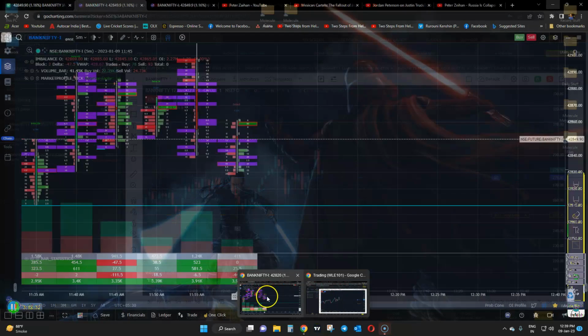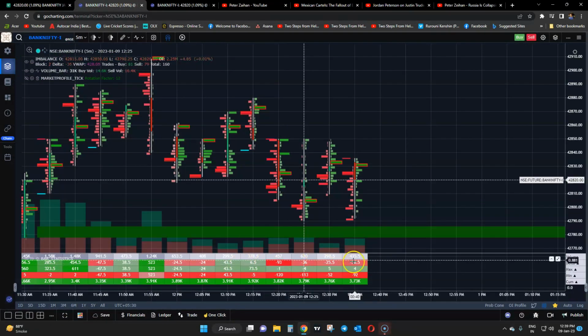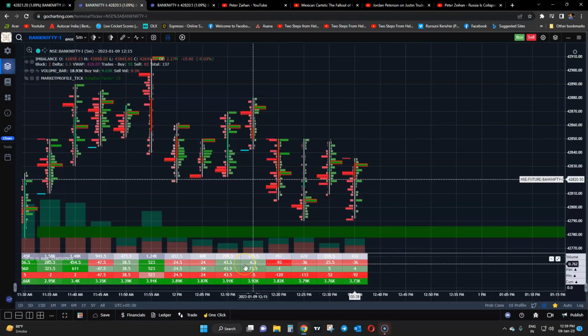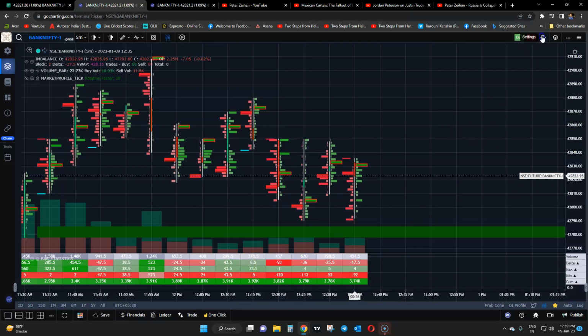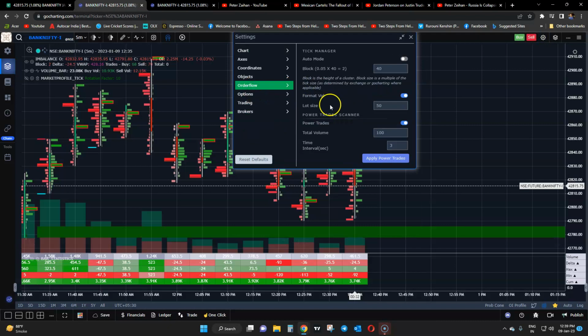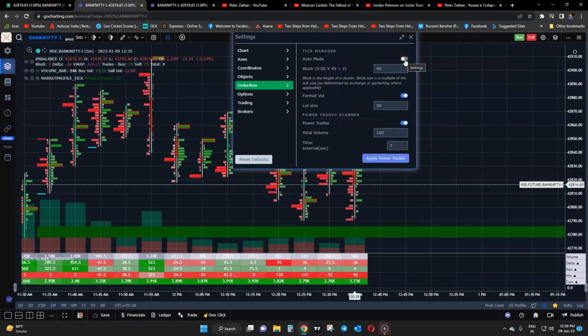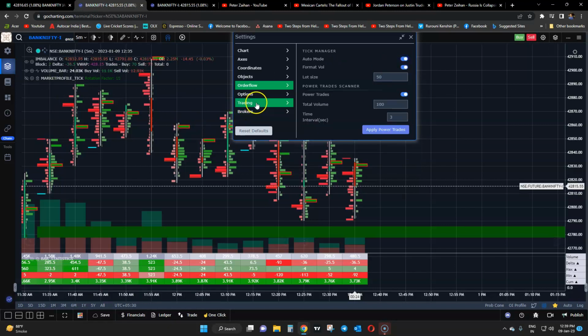Oh, this. Man, I don't know. I screwed the settings up here. I think I know what it is. Let's go to auto flow, lot size 50, power trades, block. That's the only thing that I changed. Okay.